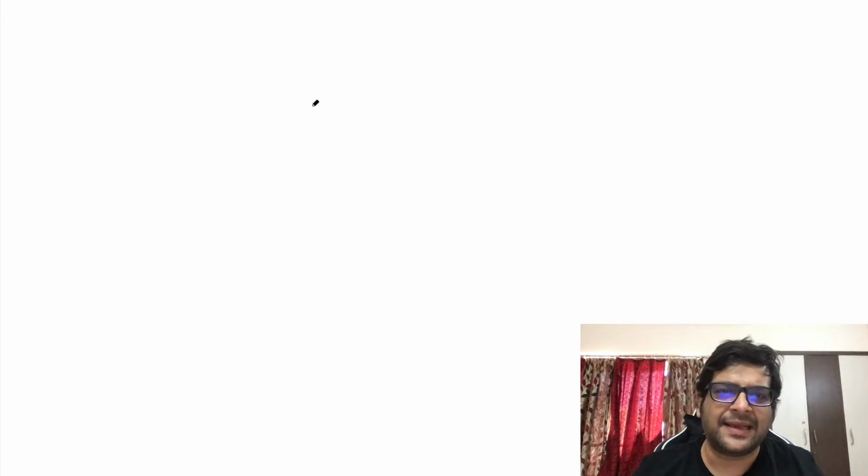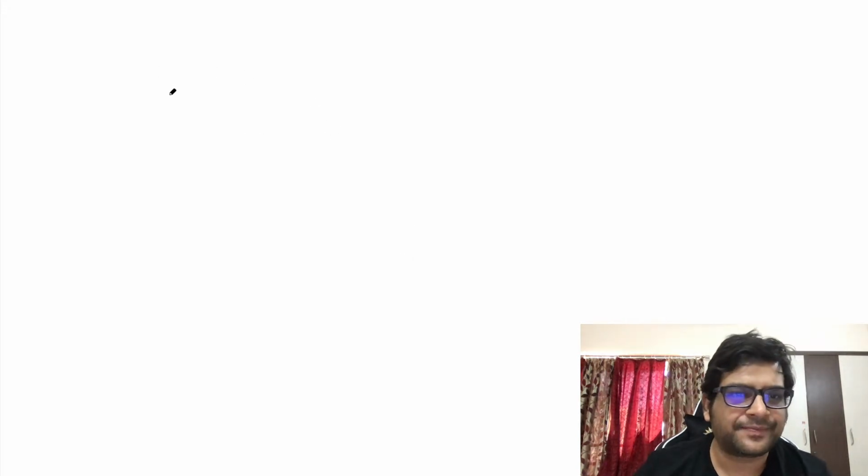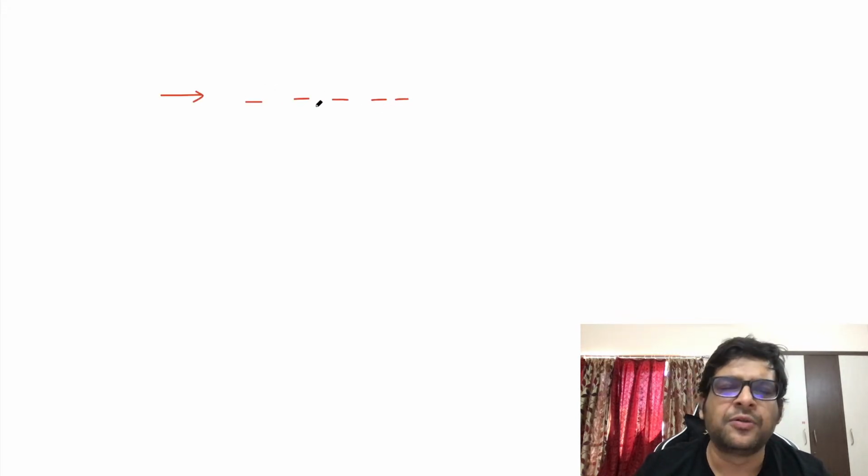Now, when it comes to questions which are based on blood relations and logical reasoning, they're typically of three formats. Format one would be a long sentence given to you, which would be something like the person playing the game is my uncle's brother's son-in-law's blah, blah, blah.